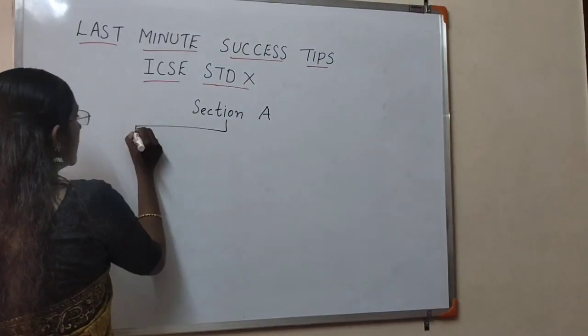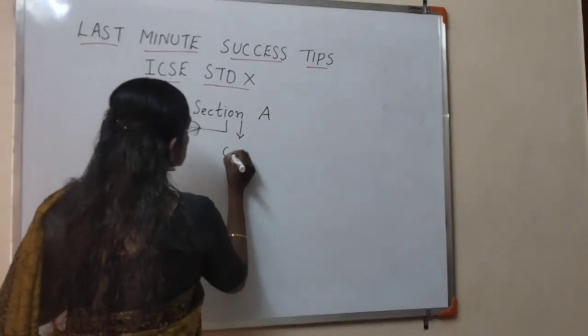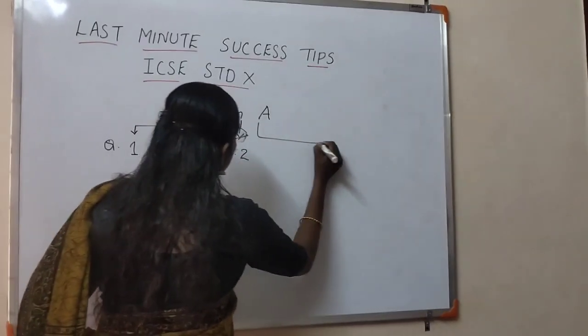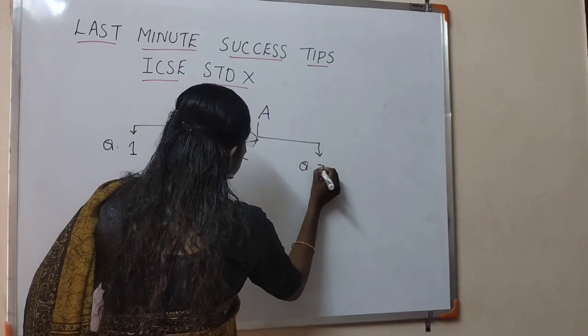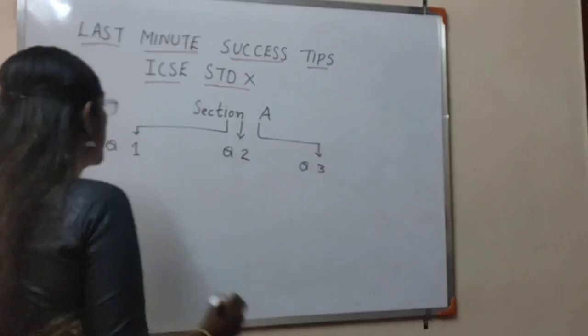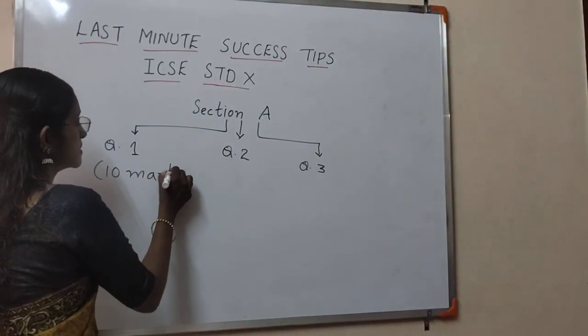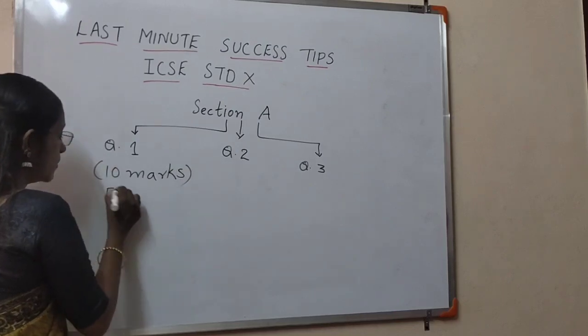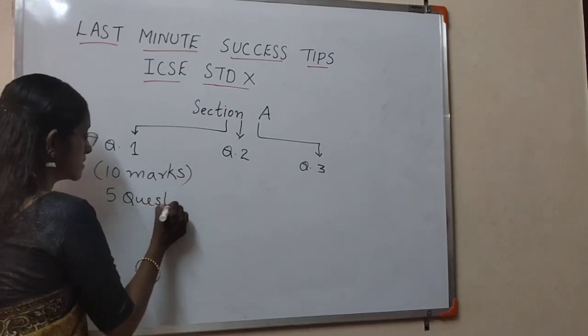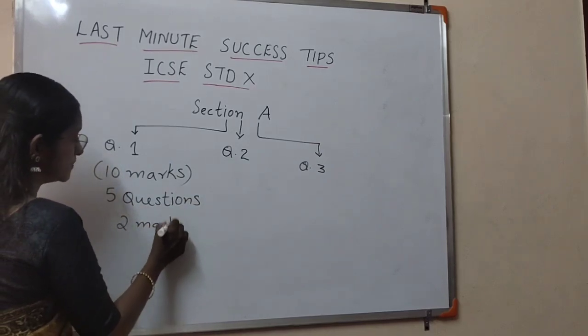In section A, we have question number 1, question number 2 and question number 3. Question number 1 consists of 10 marks, 5 questions, 2 marks each.